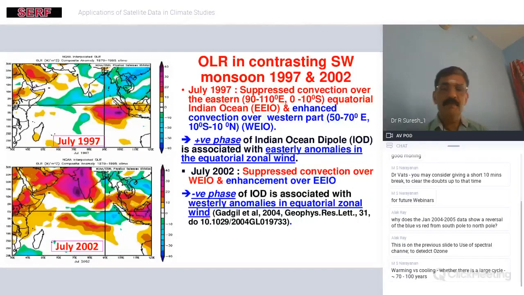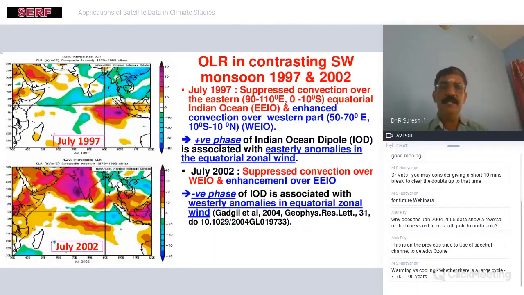But a reanalysis done by Gadgil et al. showed something fantastic, a different concept using the OLR data. Here, their group was saying that in the equatorial region you can make one box over here and another box over here. So the latitude and longitude I am putting over here.